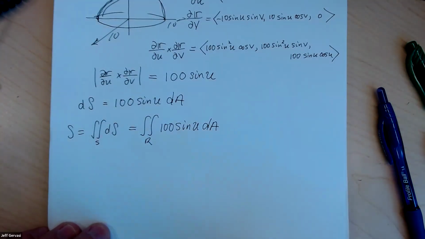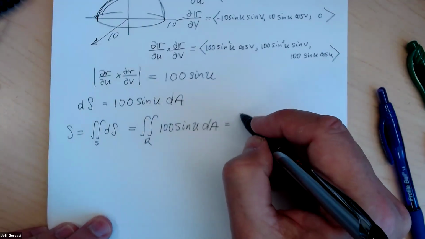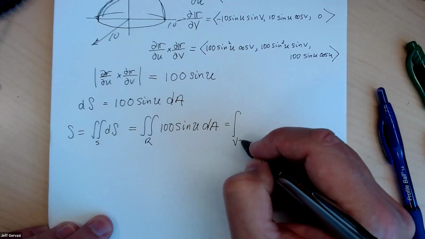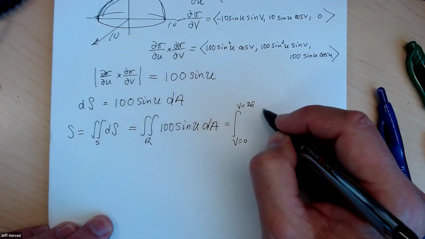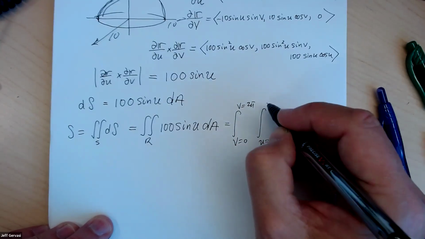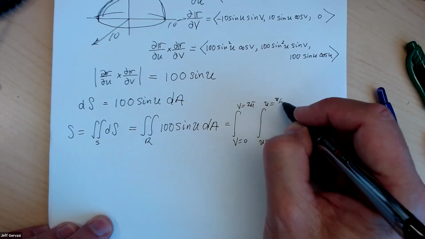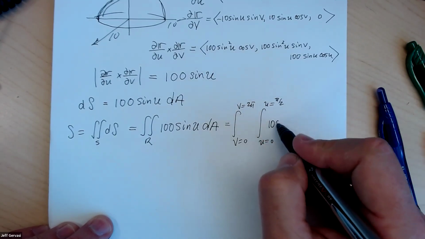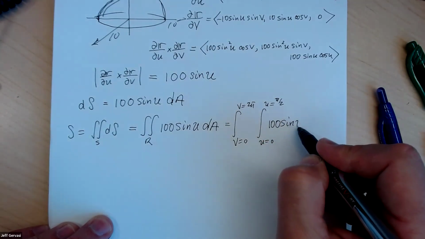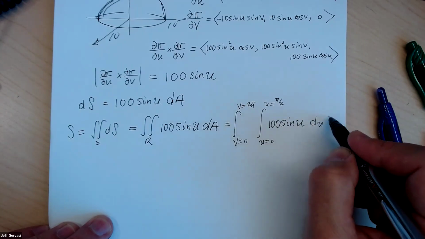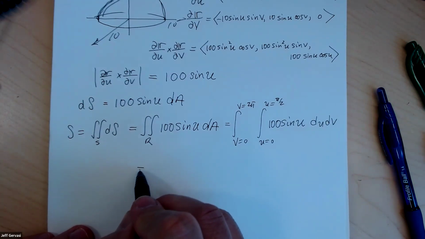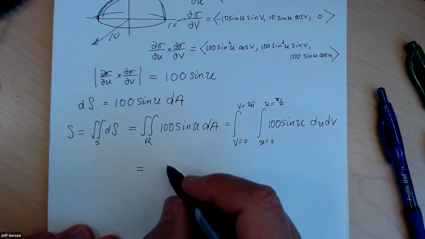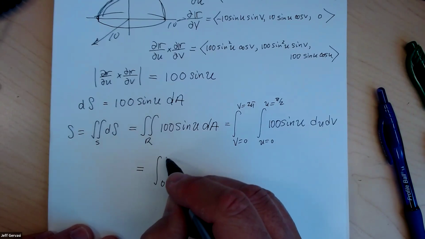Now my integral for the surface area looks like that. And of course, when we set up the iterated integral, maybe this one will work out a little bit more.